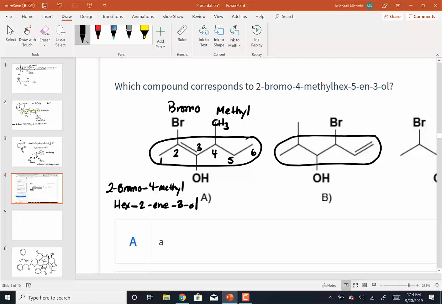So we number from the end closest to the OH, which means I'm going to number left to right. So I'm going to go 1, 2, 3, because otherwise, if I went 1, 2, 3, 4. So again, having the highest priority on the chart means you take precedence in the numbering scheme. So OH is given precedence over the double bond.